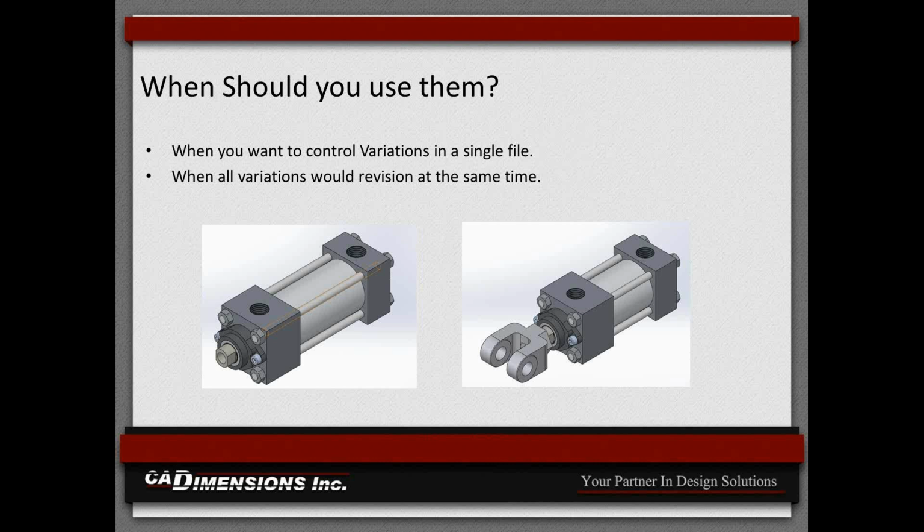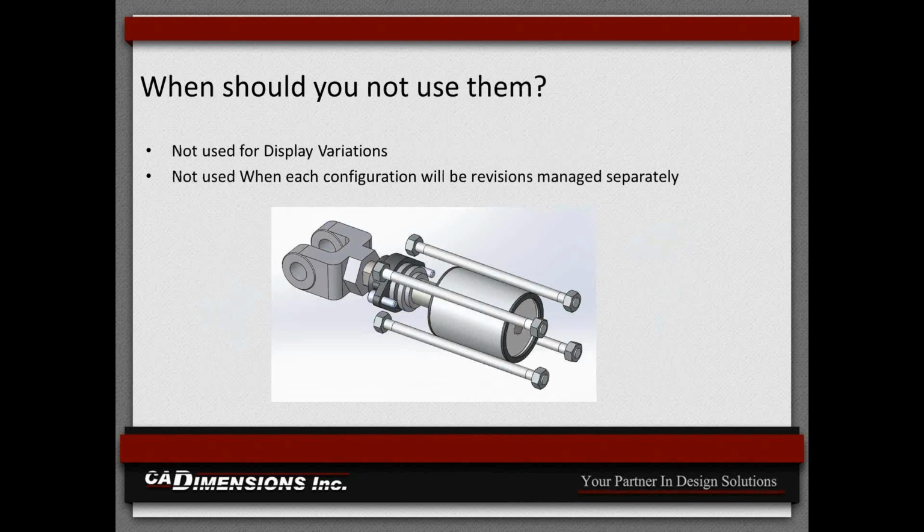So I typically say when you create a file that has multiple variations, I would only do this if the file gets revised together. In other words, when you make a change to it, the entire document, regardless of how many variations, would go from revision A to revision B. It's just too hard to manage each of those individually. So that's one thing to think about.